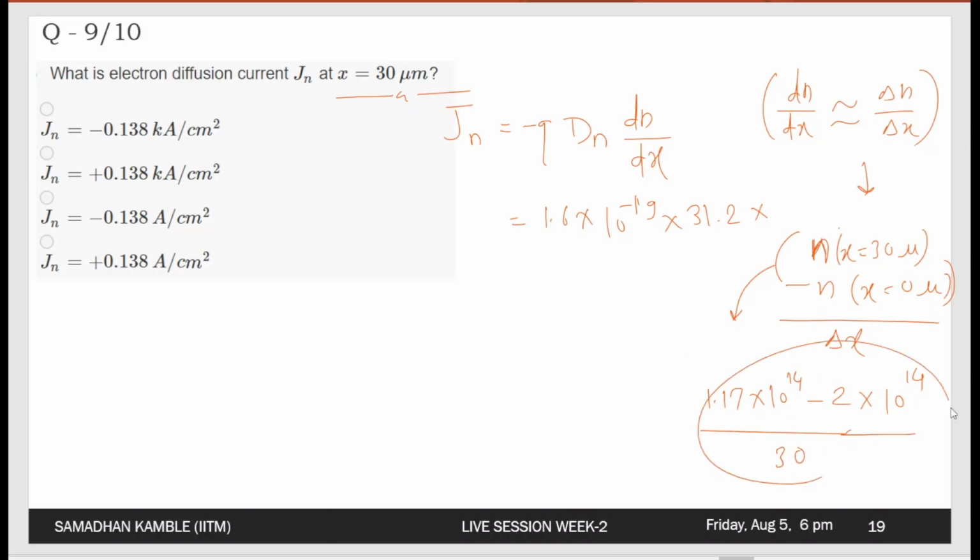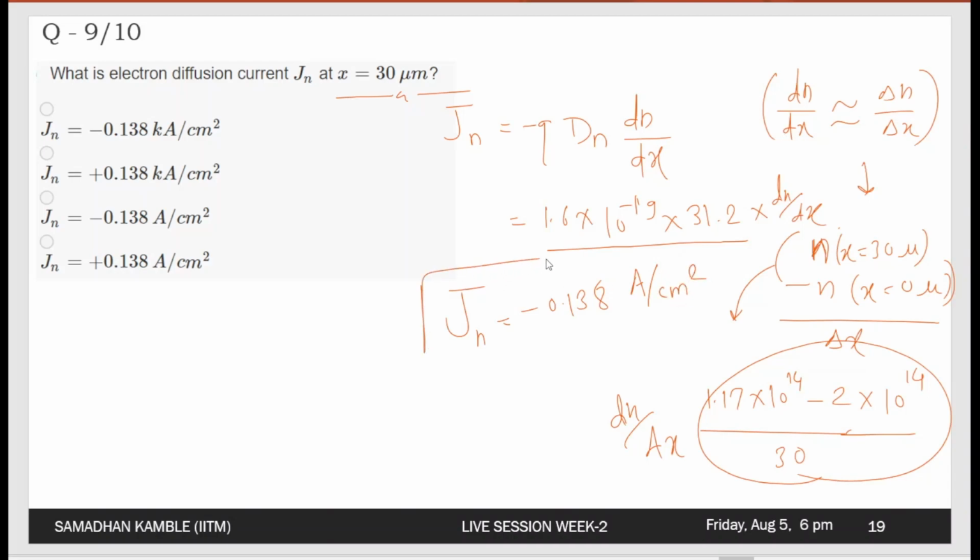So if you substitute the value of dn by dx in this particular equation, you will get the value of Jn, the electron diffusion current, as minus 0.138 ampere per centimeter square. One important point to note here is this negative sign.